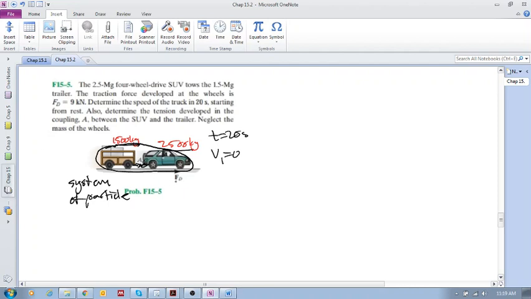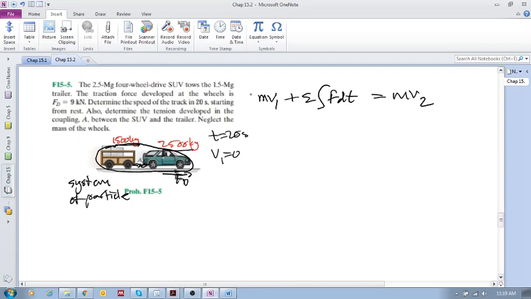So the only external force is this FD, okay? So we've got mv1 plus the sum of all the impulses equals mv2, right? That's our linear impulse momentum equation.